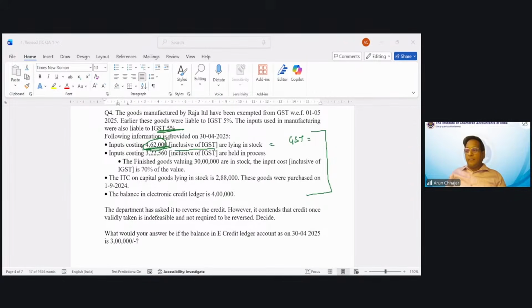What calculation have you done to calculate the GST?